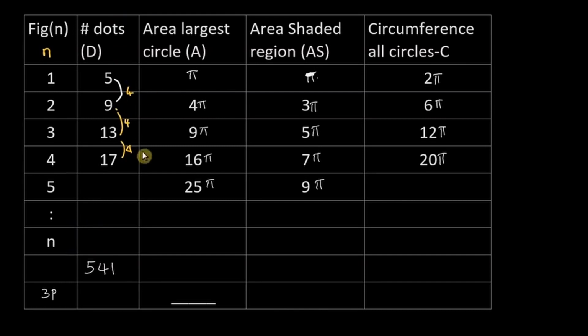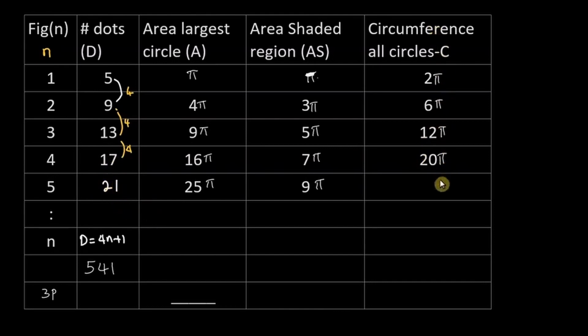Let's call the dots d. We could write that as d is equal to 4n plus 1. We could also predict easily that since it is increasing uniformly by 4, the next figure, figure 5, would have 17 plus 4, or 21 dots.